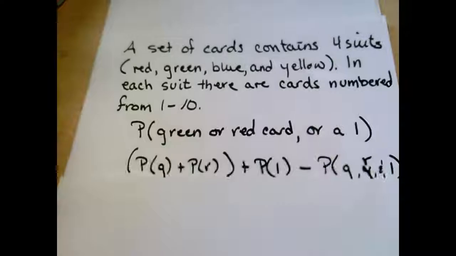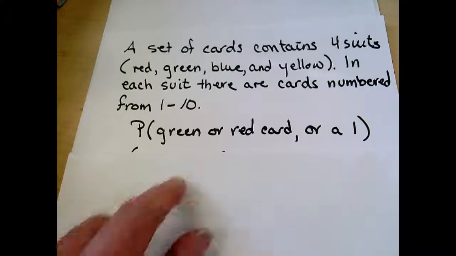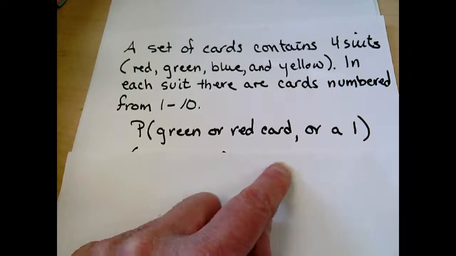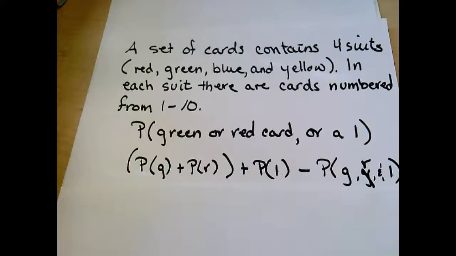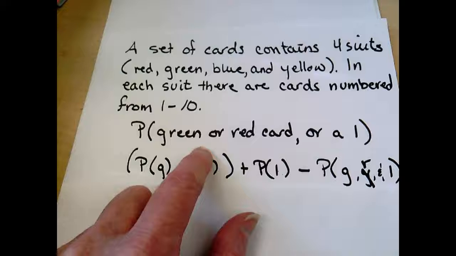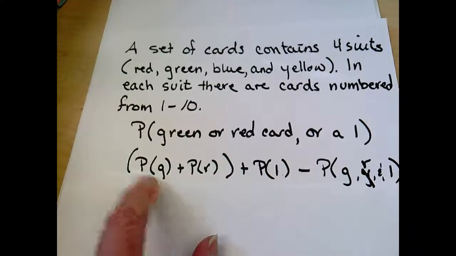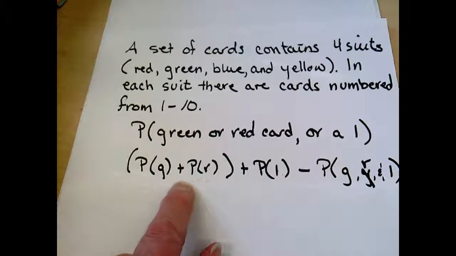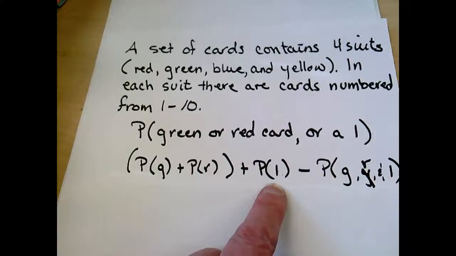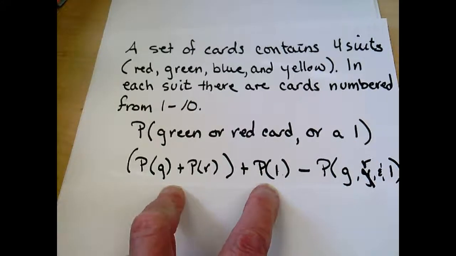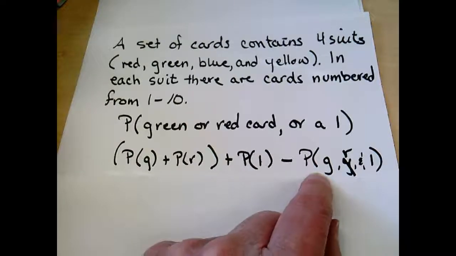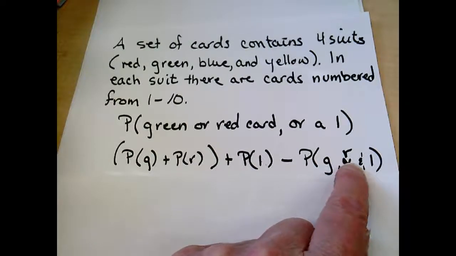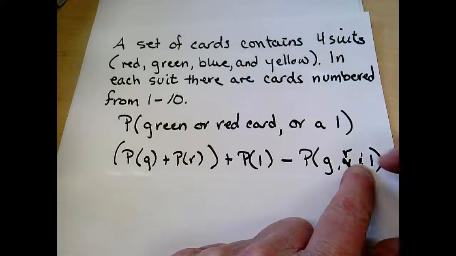So when we are solving this, and we are trying to find the probability of a green or red card, or a 1, we have to find the probability of the green or red, which was originally adding them together, and then the probability of the 1. So those are the 2 events that we're adding together. What we're subtracting off is the probability of having the green or red card and a 1.